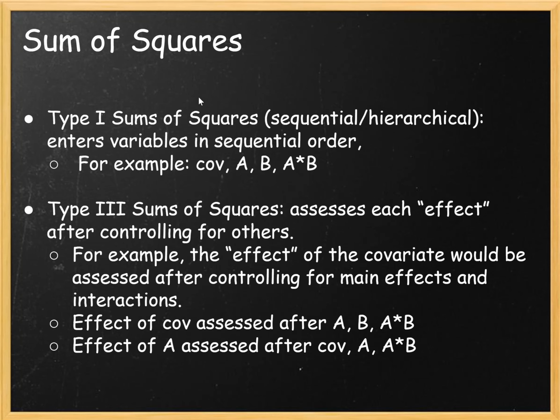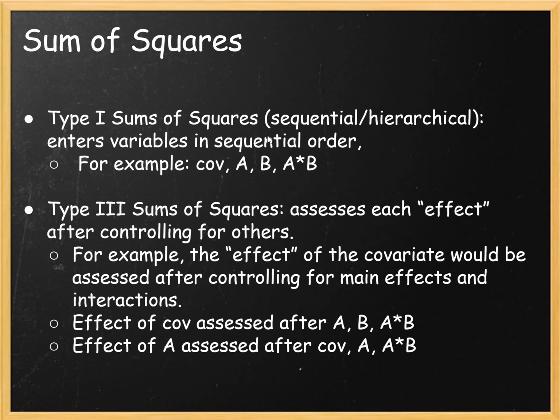Here in type 1 sum of squares, it basically looks at one variable and then looks hierarchically at how much each variable that's specified next will account for above and beyond the previous variables. It makes sense to do ANCOVA this way because you usually want to control for your covariate or covariates first, and then look at the effects of your independent variables above and beyond the covariates.